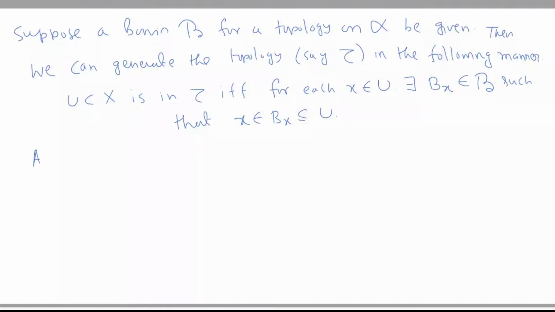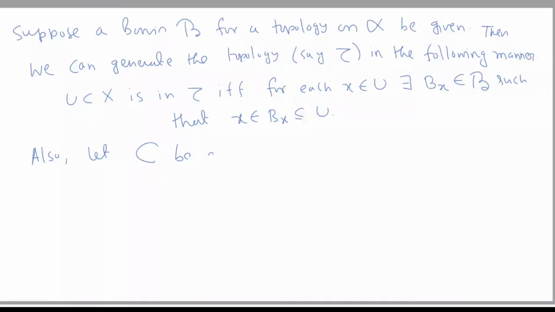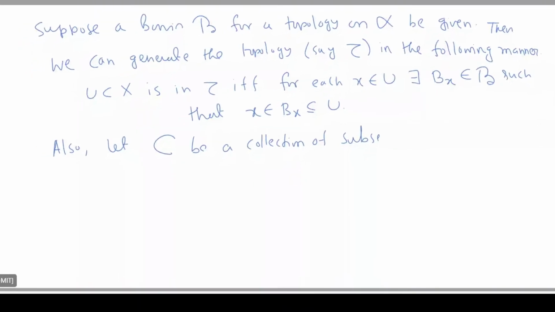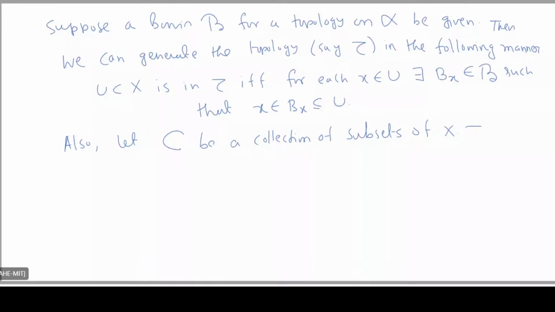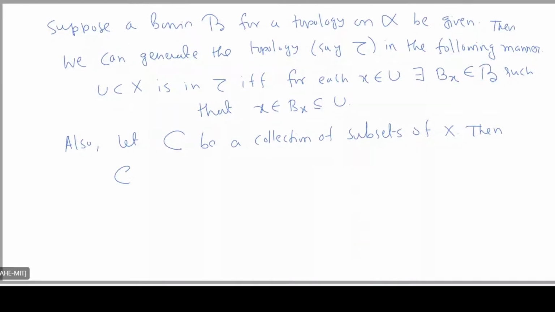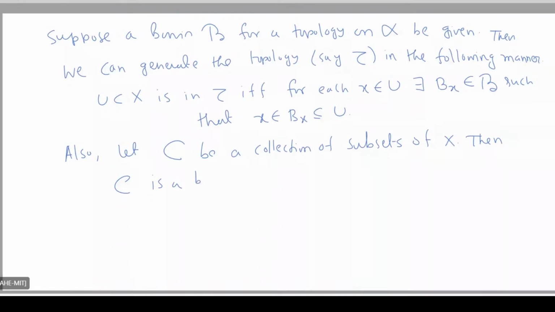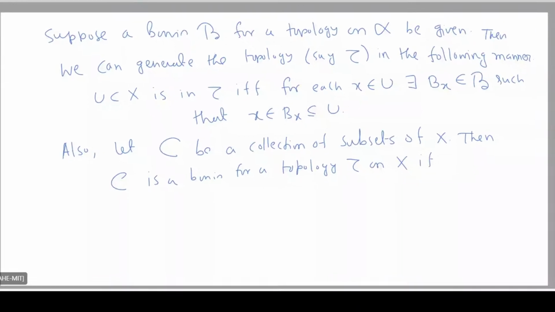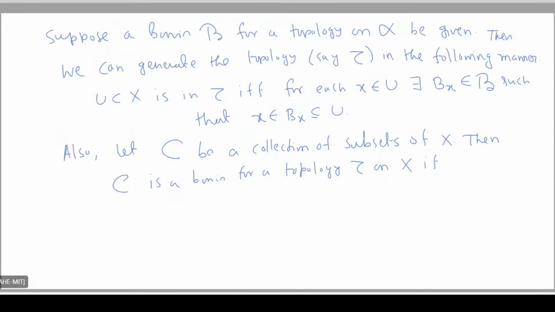Not only that, if we have a collection, the other way we can say that also. Let's say C be a collection of subsets of X. Then C is a basis for a topology tau on X if... So now let's say we know the topology tau and we want to know whether C is a basis for the topology or not.